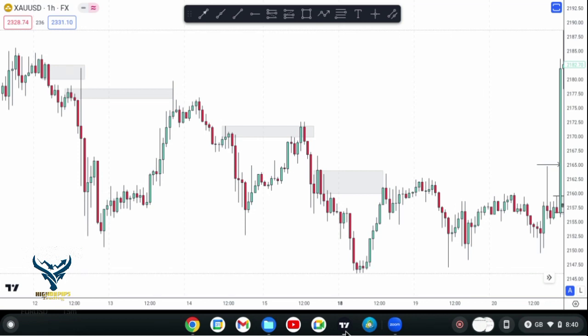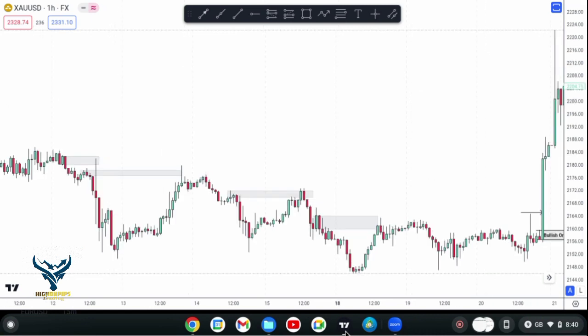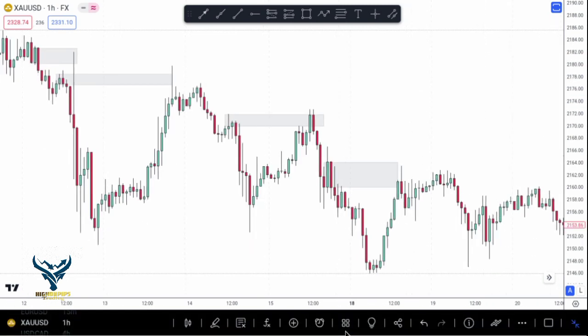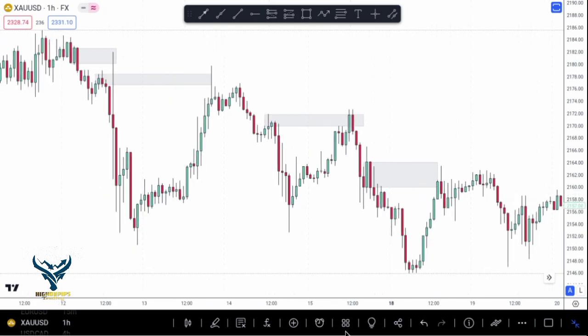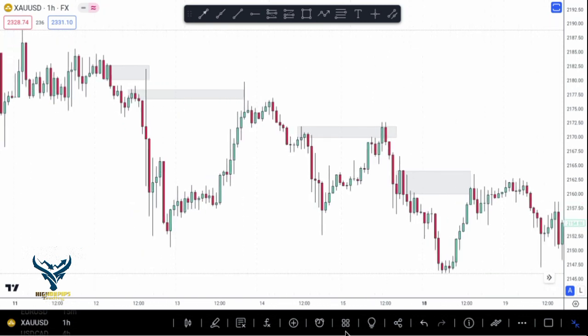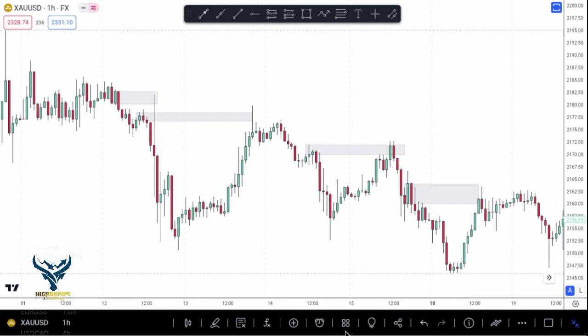As you can see, our gold chart is representing a selling market structure. This is a sell market structure. Why am I saying so? I hope you still haven't forgotten from our previous lesson. Okay, this is the reason why I'm saying it's a sell market structure. So this structure starts from up here.